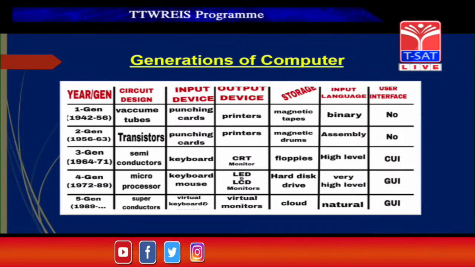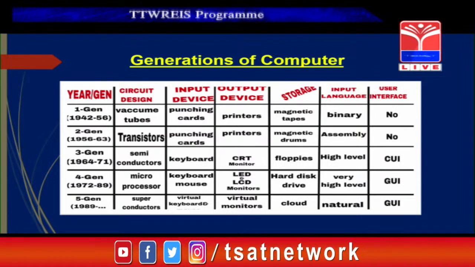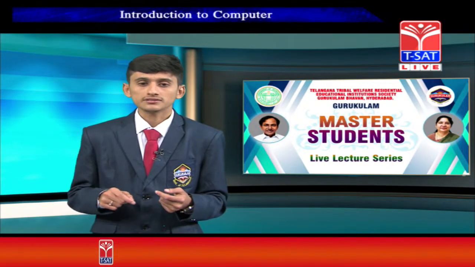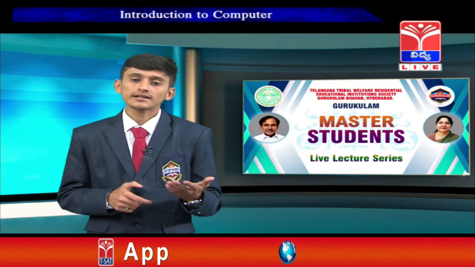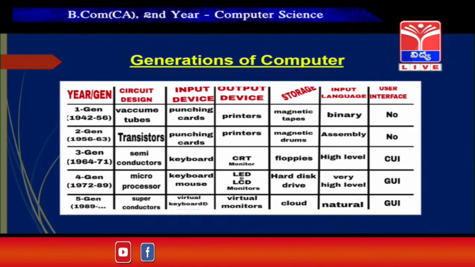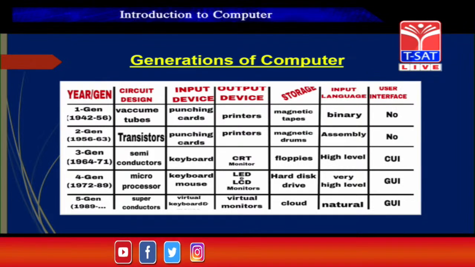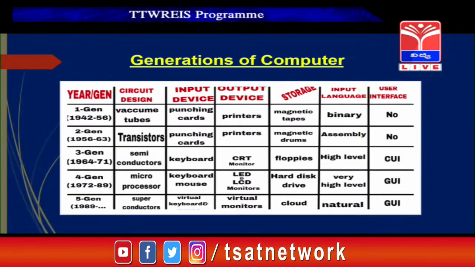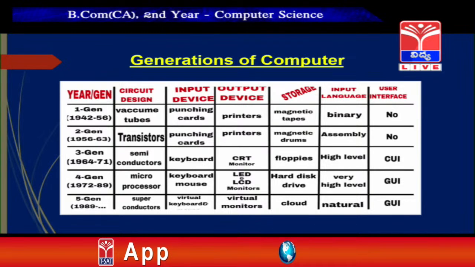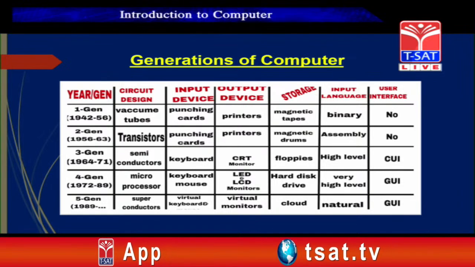And coming to the third generation, third generations are between 1964 to 71. Here conductors are used as circuit designs in third generation computer, and keyboards are used as input devices, and CRT monitors are used as output devices. Here CRT is expanded as cathode ray tube, and floppies are used as secondary storage device.